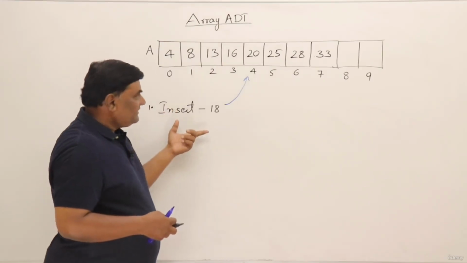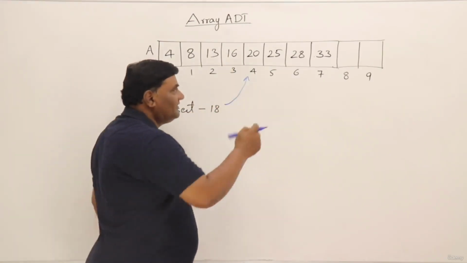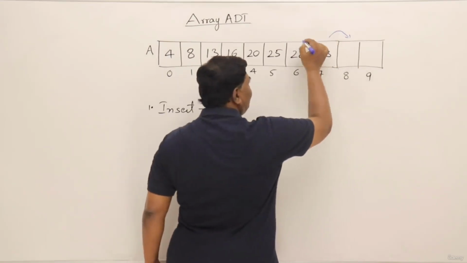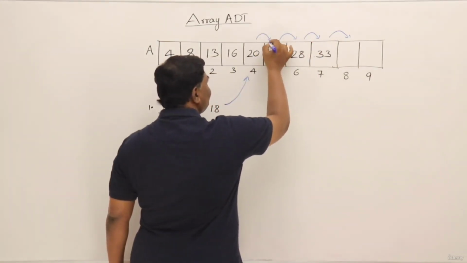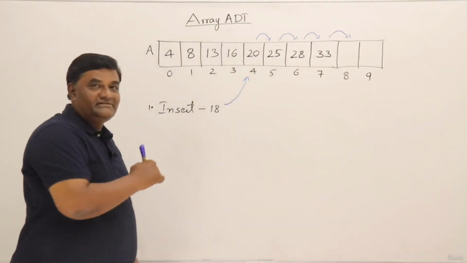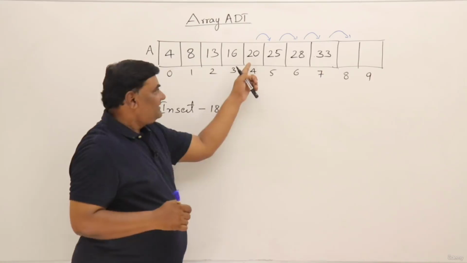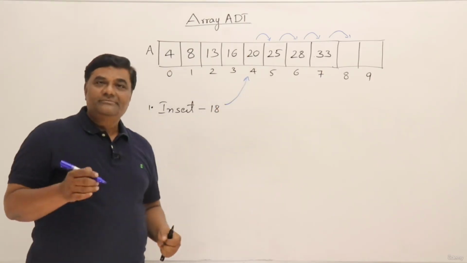But this number is smaller, so I can start shifting them. 33 has to be shifted, and 28 has to be shifted, and 25 has to be shifted, 20 is also shifted. Then this number is 16, so 16 is smaller than 18, so the next place is 18 only. So I can insert 18 here. That's all. This is the procedure.